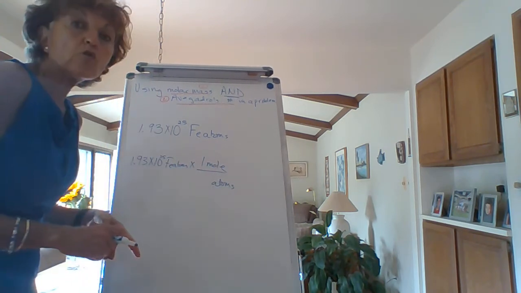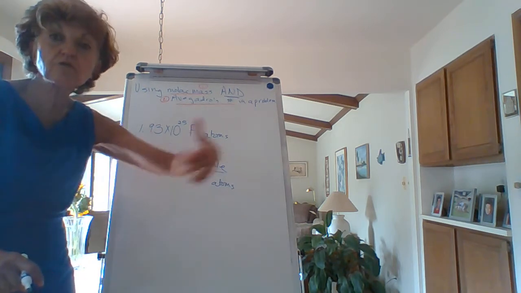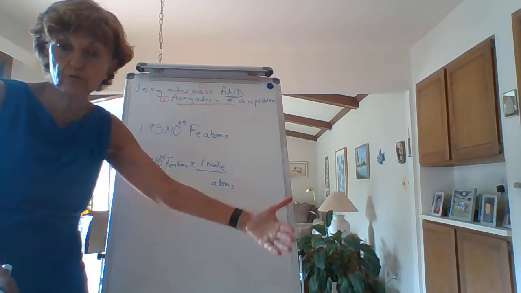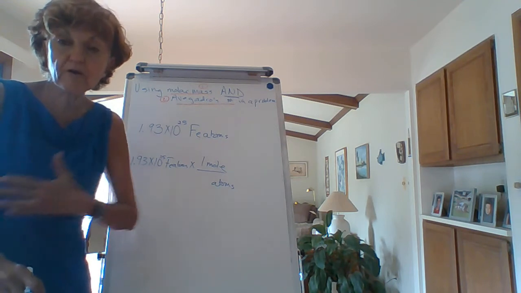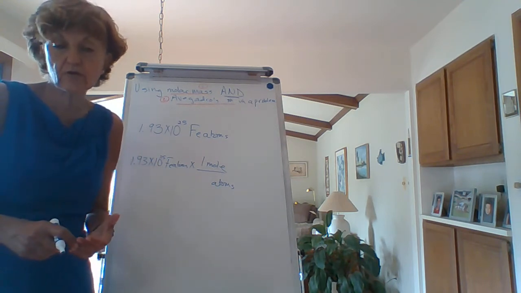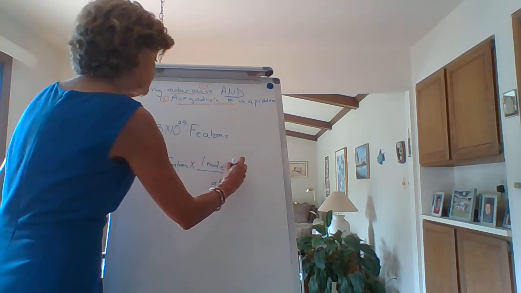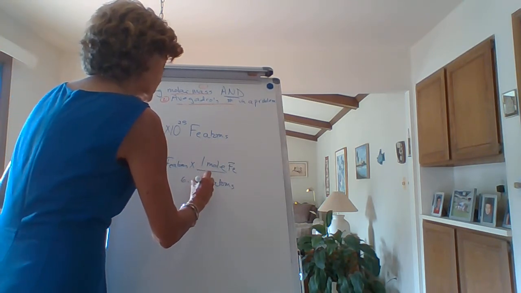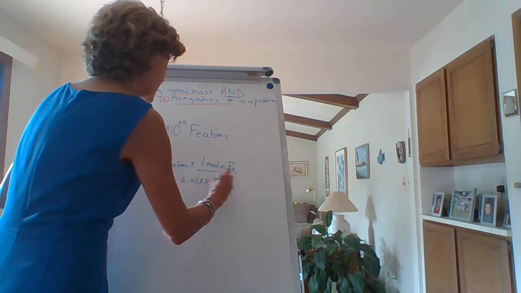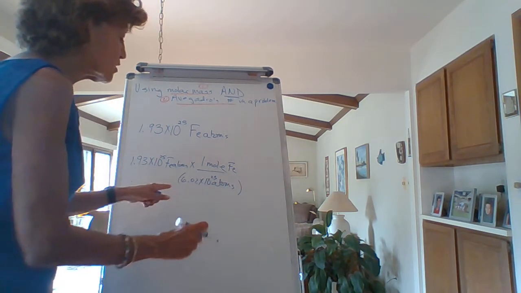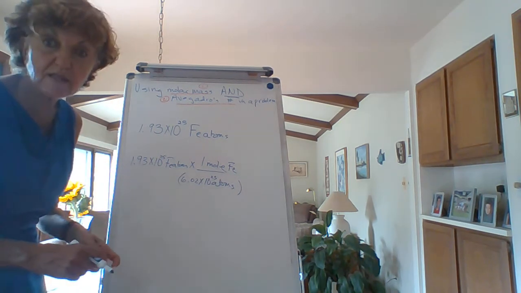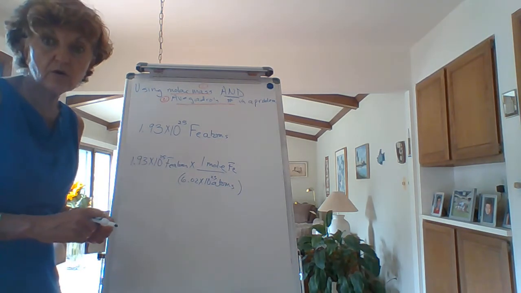Why? Because in order to go from particles to eventually mass, I have to go through moles. So to go from particles to moles, I need Avogadro's number. So we're going to say 1 mole of iron is 6.02 times 10 to the 23rd atoms of iron. Remember, since we have an exponent, we're going to be putting these in parentheses when we're plugging it into our calculator.